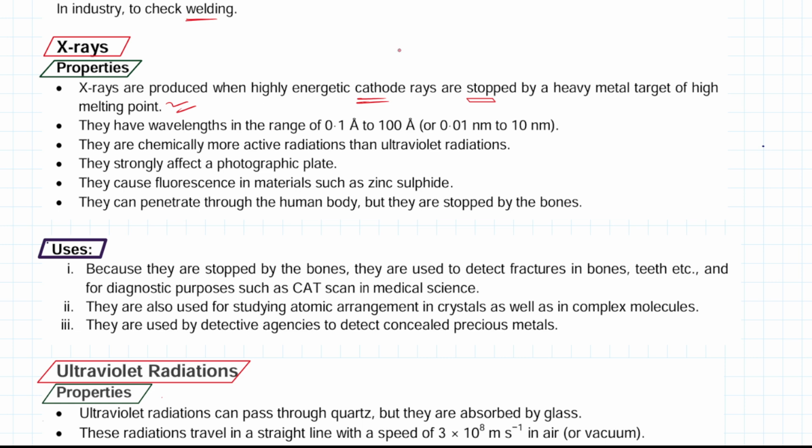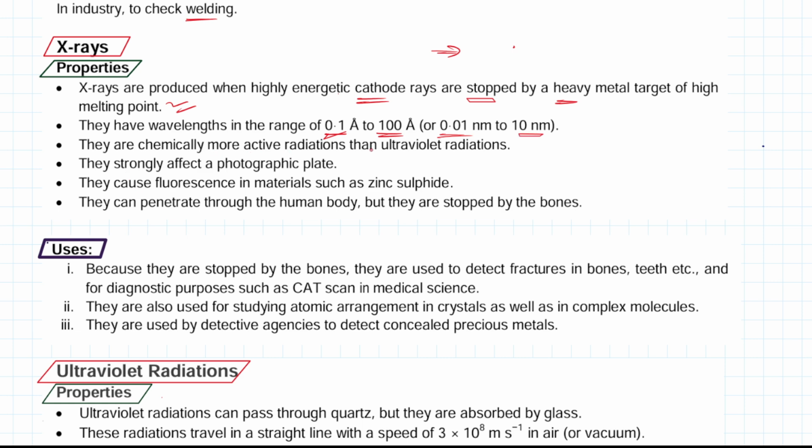We use them to scan our bones. They have wavelength in the range of 1 angstrom to 2 angstrom, or 0.01 to 10 nanometer.